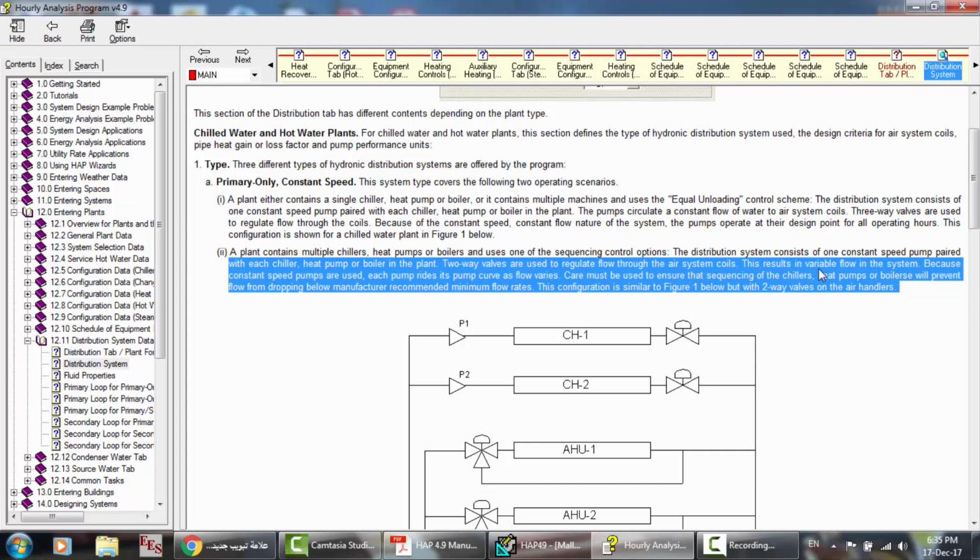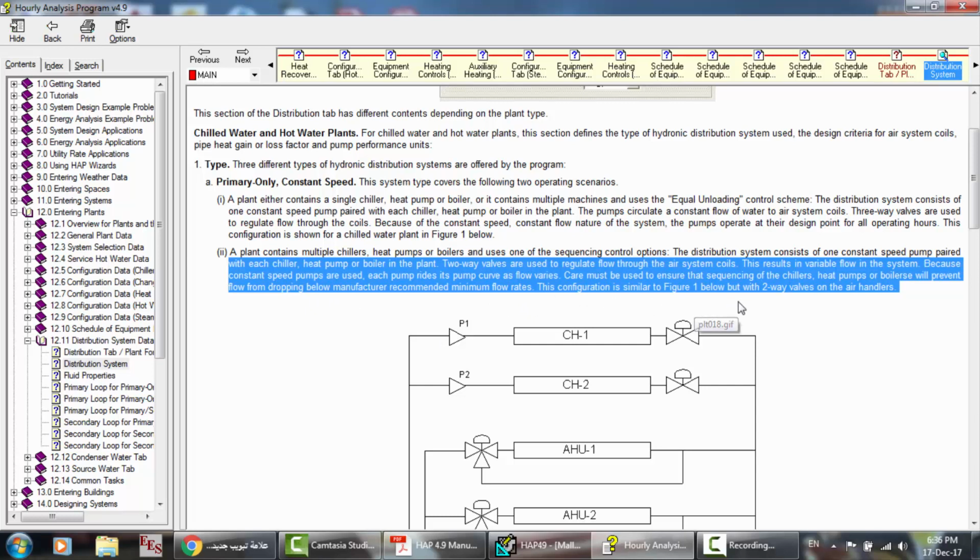This results in variable flow in the system because the constant speed pumps are used. Each pump rides its pump curve as flow varies. Care must be used to ensure the sequencing of the chillers, heat pumps, or boilers will prevent flow from dropping below manufacturer recommended minimum flow rates. So it's very important for you to know these things.